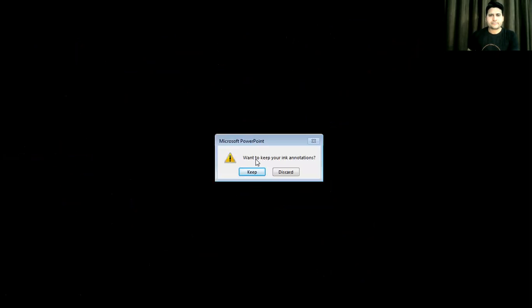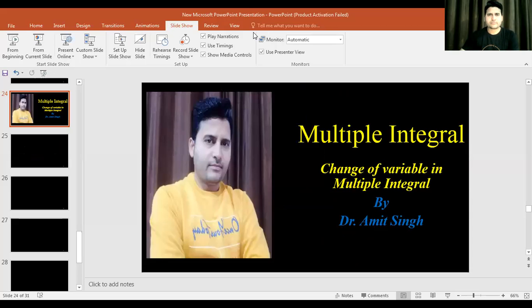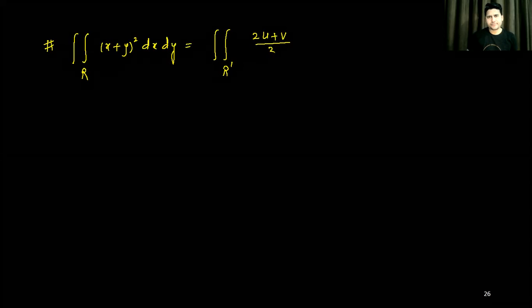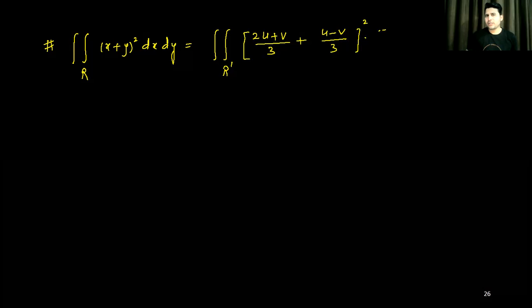So the given integral, double integral over R of (x plus y) square dx dy, will convert into double integral over R dash of x, the value we are getting, (2u plus v) upon 3, plus the value of y that we are getting, (u minus v) upon 3, whole square, into Jacobian into du dv.